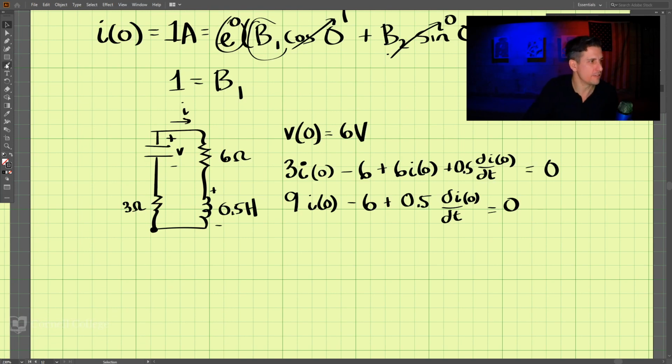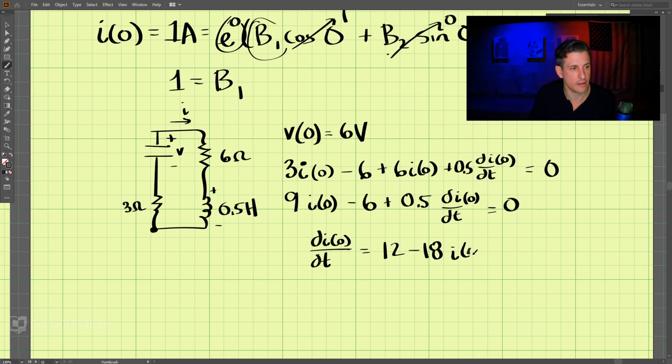So simplifying this equation here, we have di(0)/dt is equal to 12 minus 18 times i(0).